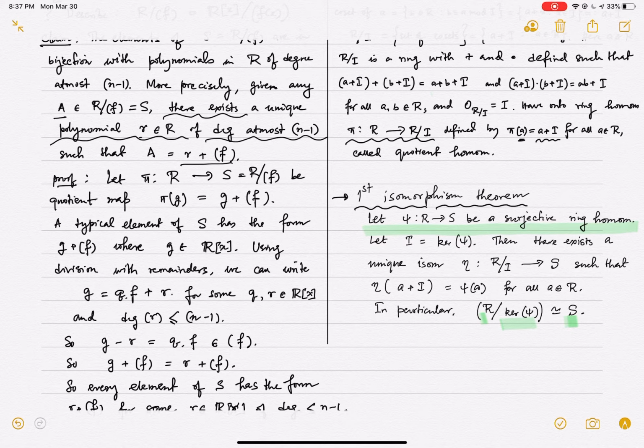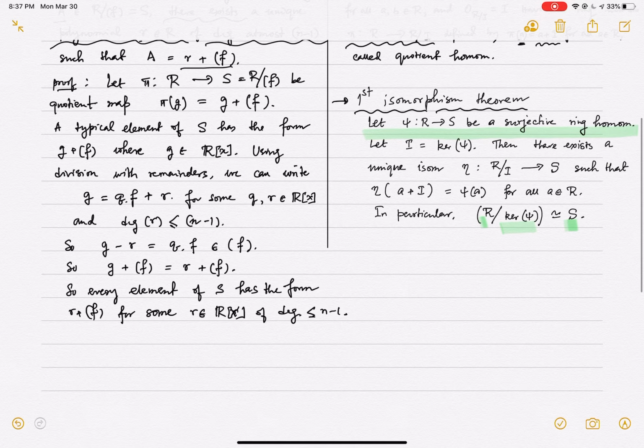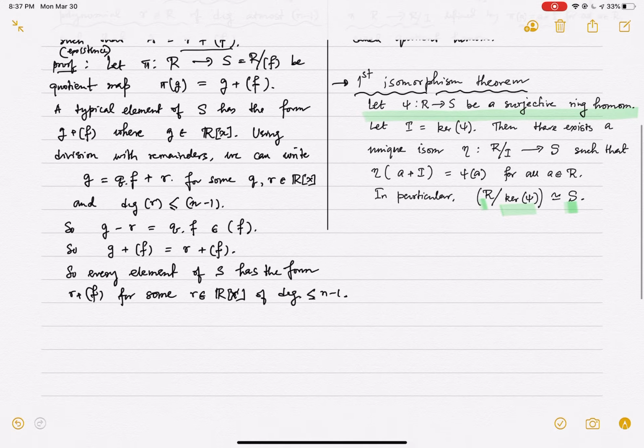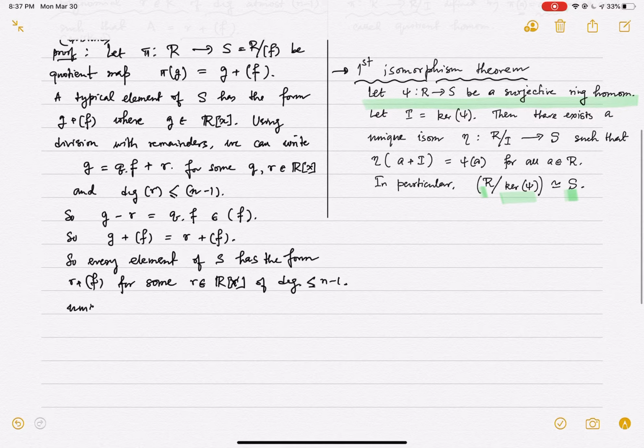And now for the uniqueness part. So this is the existence part, if you will. And now for the uniqueness part.